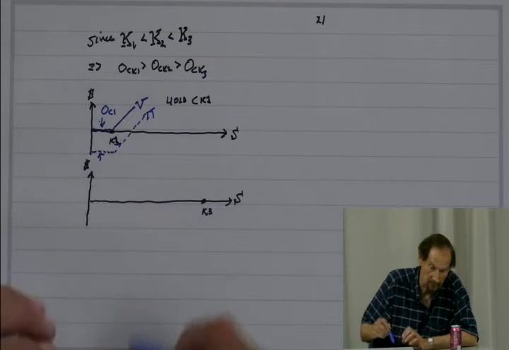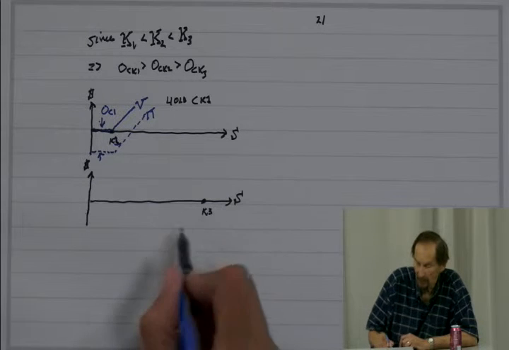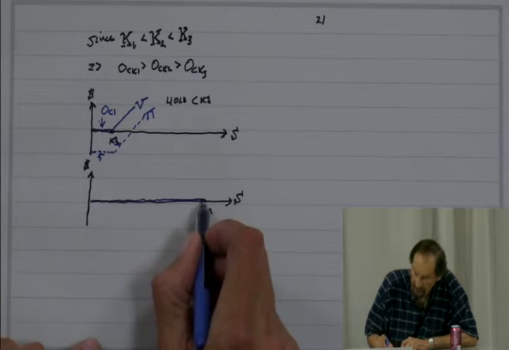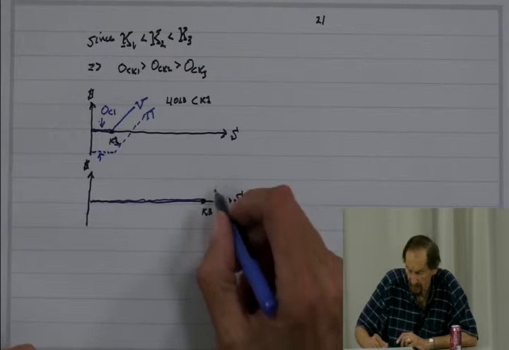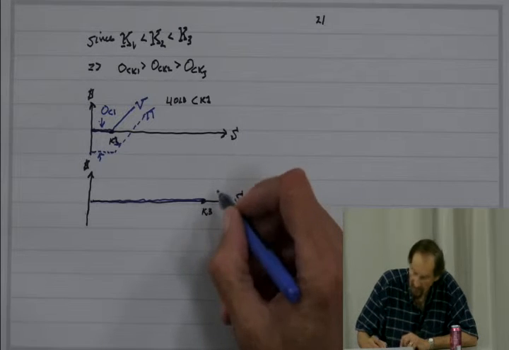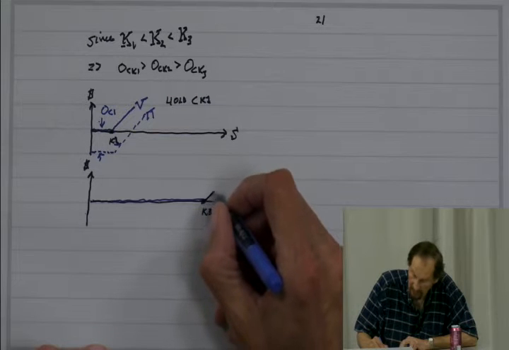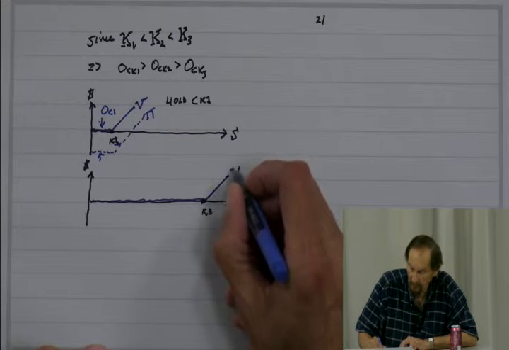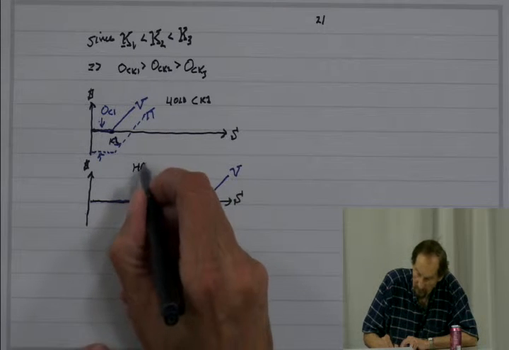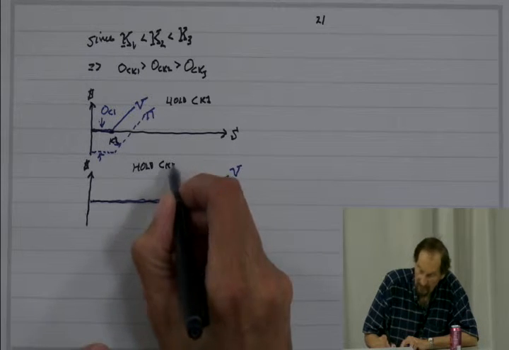Now what do we get? Now since K3 has the highest strike price, it will have the lowest premium. But again, if we're below the strike price, the call option is worth nothing to us. If the stock is above the strike price, then we're in the money here. So we can make a profit. So here we go up at 45 degrees. V. Let's write this down. Hold C at K3.